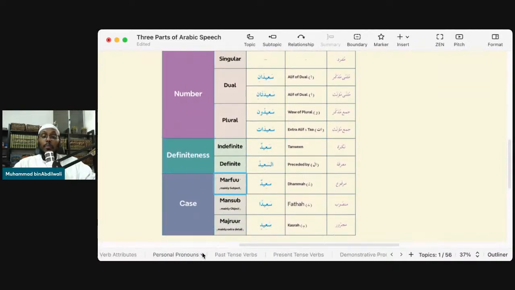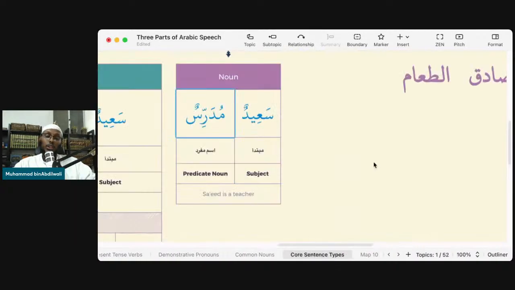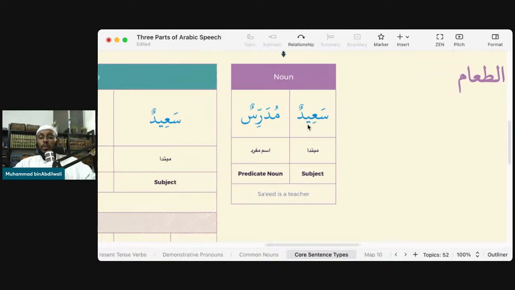Why? Because it makes a massive difference when it comes to sentence structure. Sa'idun al-mudarris is an incomplete sentence, whereas Sa'id mudarris is a complete sentence. The only difference is the fact that mudarris doesn't have alif lam. Clear? Okay, that's the first one.